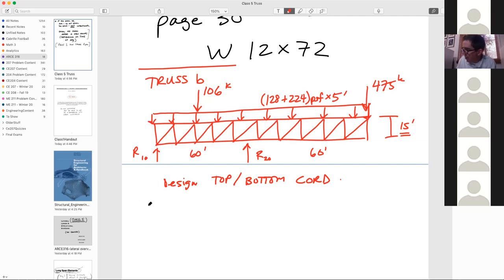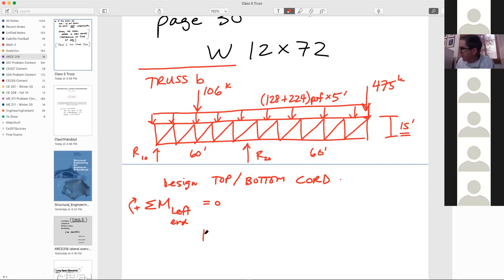We'd have to find our reactions. So you could sum moments at the left end. So you could go ahead and do that.